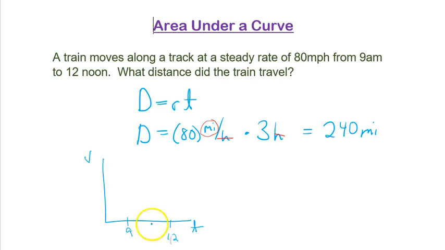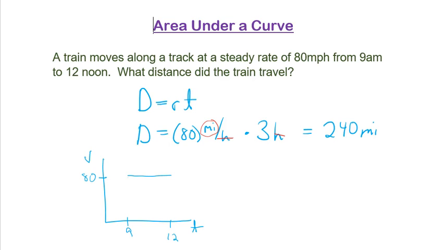I'm not getting real specific with my labels here. And the velocity that's important to us is 80 miles per hour. What kind of graph would this look like? What would this shape be? So it would be flat because the rate is 80 miles per hour the whole time. It stays exactly the same.